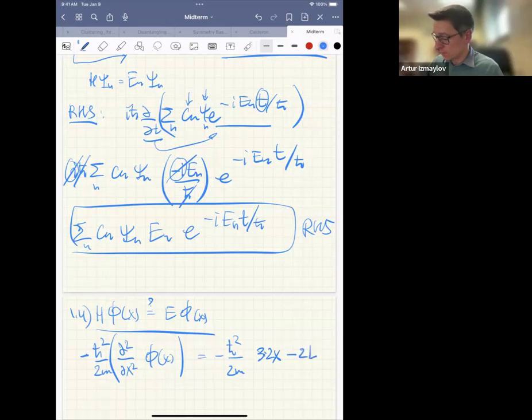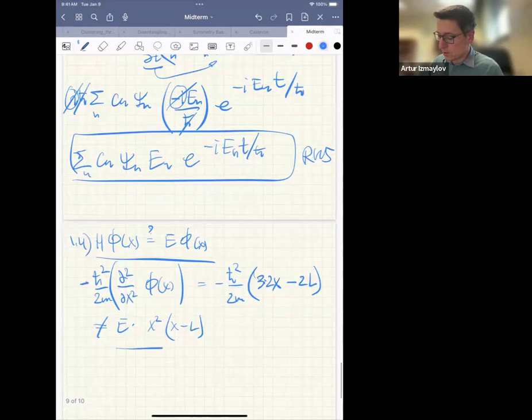That's the function with a constant. And so this is not the same as energy times some constant multiplied by x squared, x minus L, right? So that is not the case, and therefore the answer is no. It's not a solution of the time-independent Schrodinger equation.